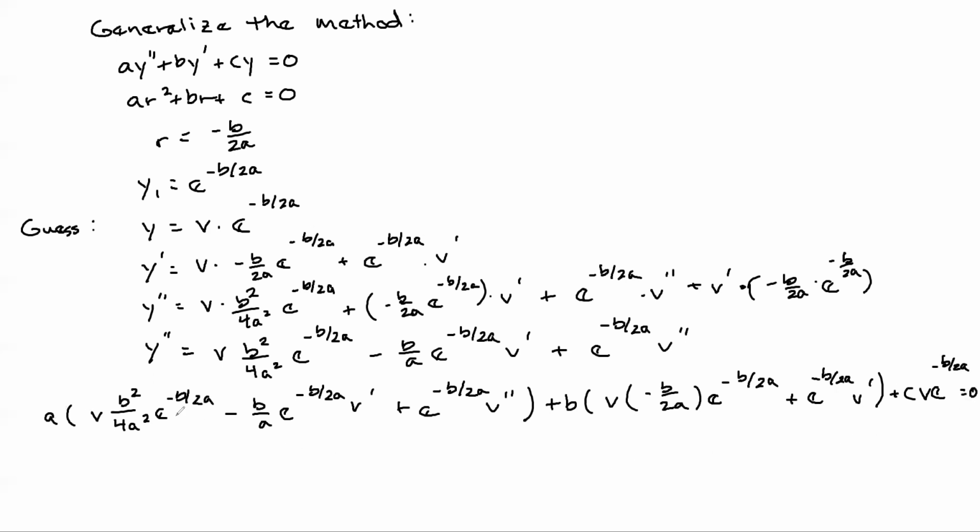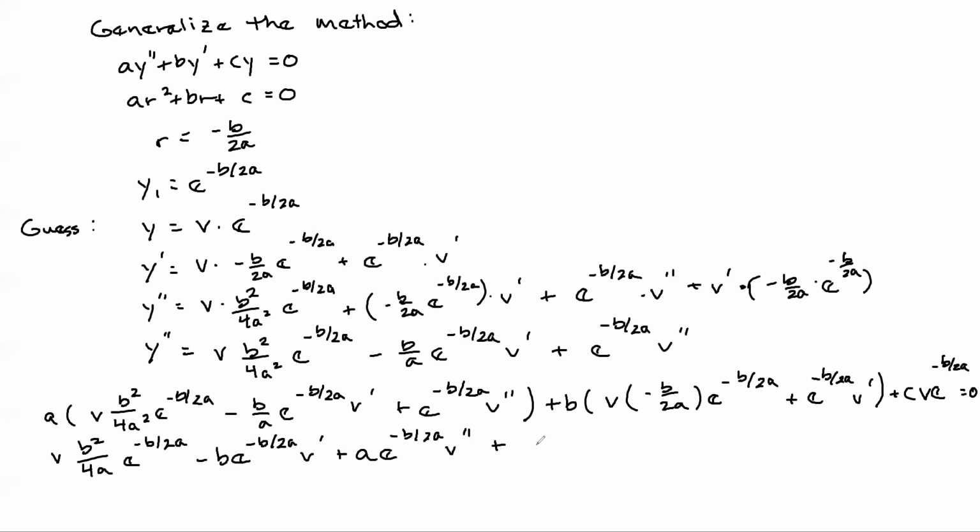Okay, so we want to go through and distribute the a here. If we do that, we're going to get v b squared over 4a e to the negative b over 2a, then minus b e to the negative b over 2a v prime, and then plus a e to the negative b over 2a v double prime. And then what's going to happen here? So we've got b times this.